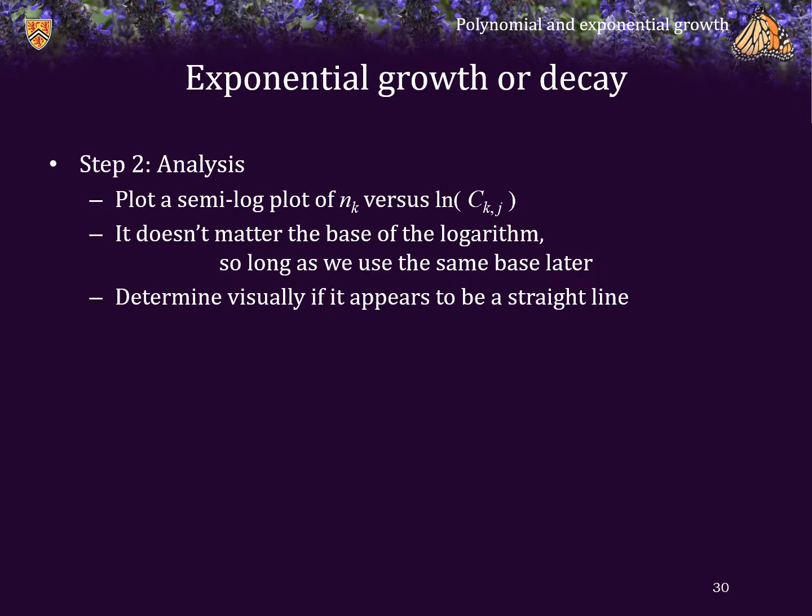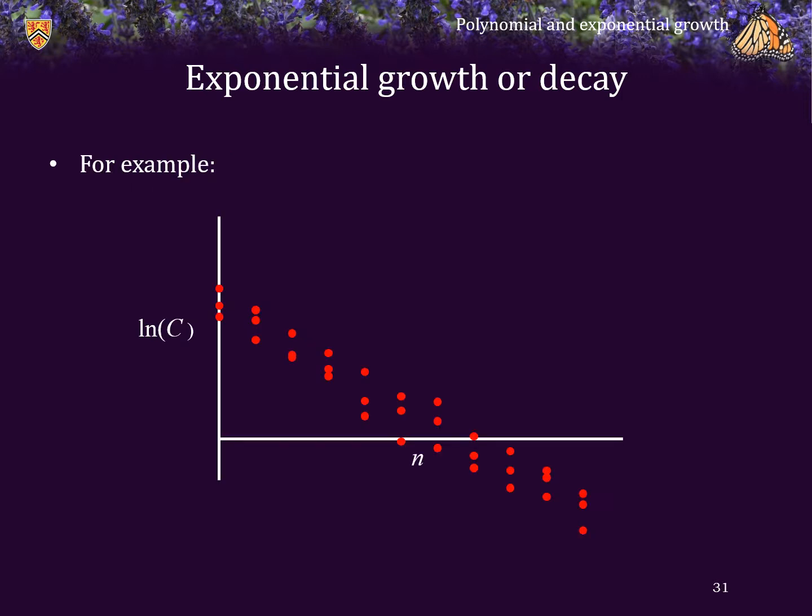At this point, you're going to look at the data and determine whether or not it appears to be in approximately a straight line. If it isn't, you may actually have polynomial growth or decay, or you may have hyper-exponential growth or decay. All right, we've taken the logarithm of all the previous values and we've plotted them.